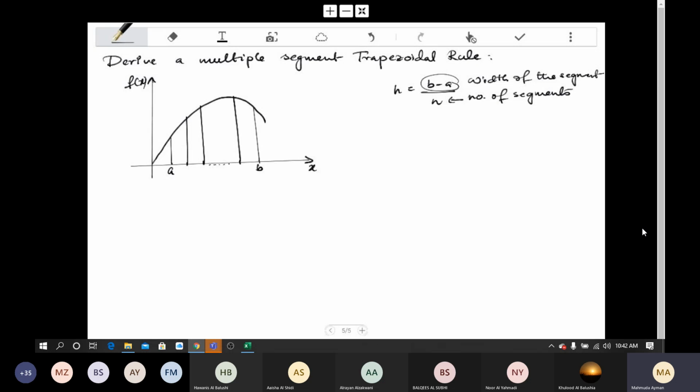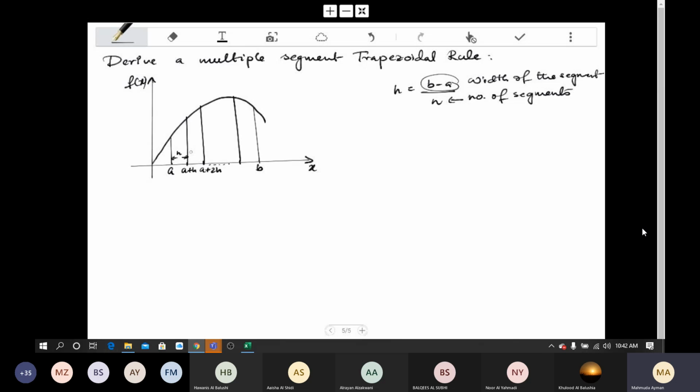So here now, we know that the segments are of equal width. The distance between each segment is h, right? So this one here will be a plus h. And then again, we have one more h here, so this will be a plus 2h.